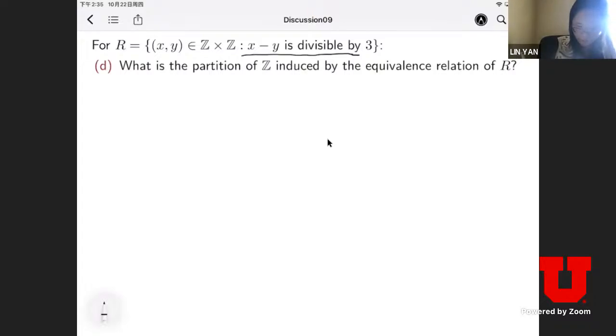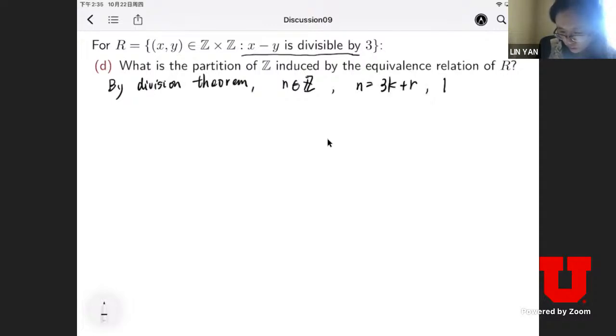So by the division theorem, any integer from Z, we can write it as 3k plus r, where k is an integer, and r is equal to 0, 1, or 2. So if we choose two integers whose remainders are the same, then the difference of them is always divisible by 3. This is the main idea to solve this problem.